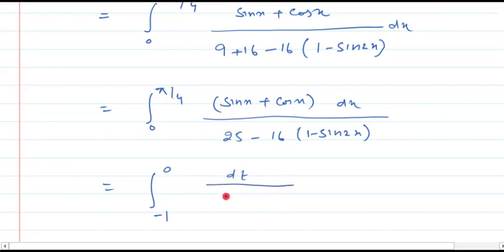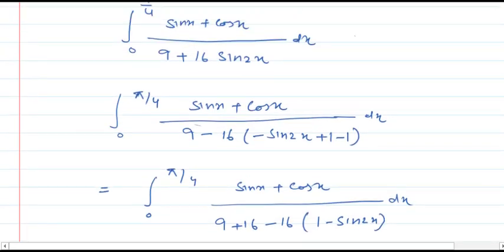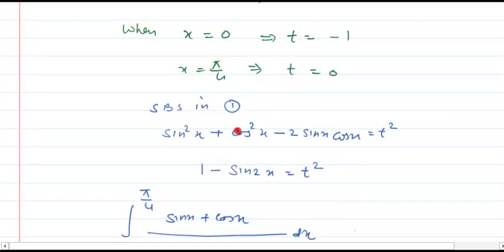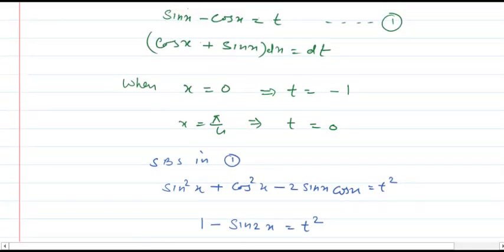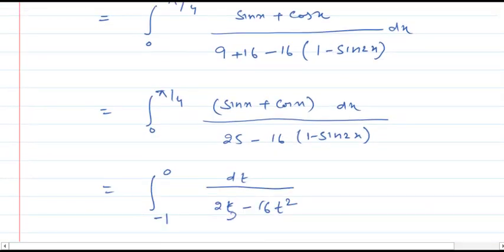This is 25 minus 16 t square. So the limits are minus 1 to 0, and 1 minus sin 2x is t square, and sin x plus cos x dx is dt. So we have applied all the changes over here.